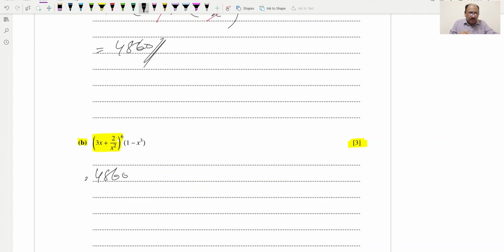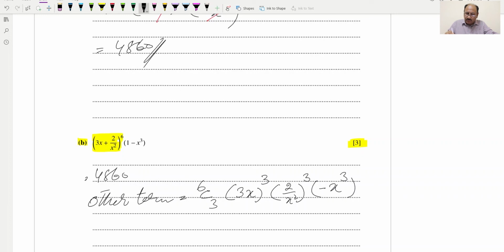And for the other term, we will multiply with this one. The other term will be 6C3, so we can write properly 6C3, and this will be 3x raised to the power 3, and since we are taking the third power, it will be 2 over x squared raised to the power 3, and minus x raised to the power 3.